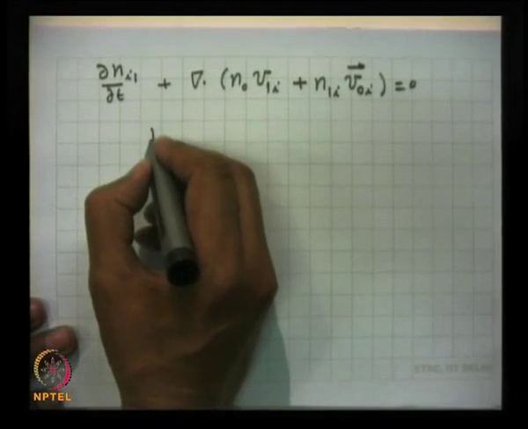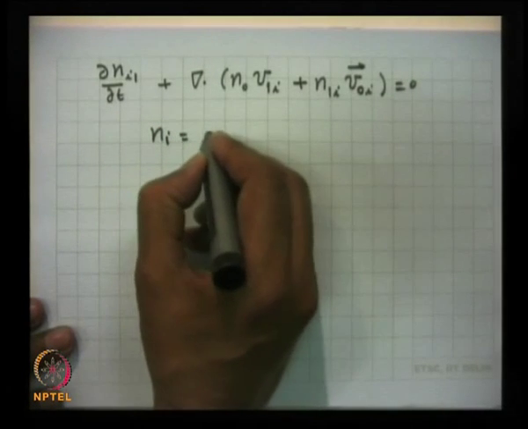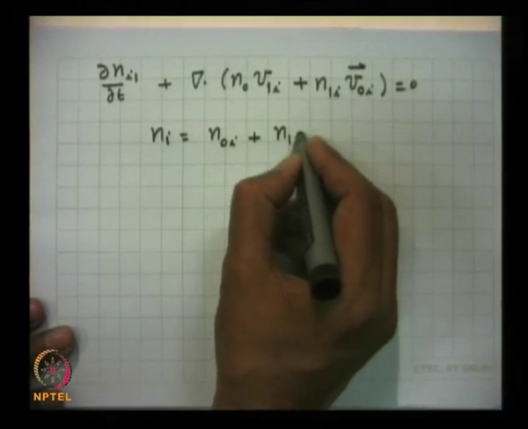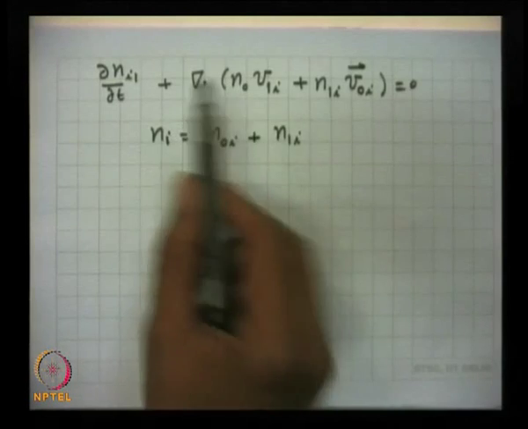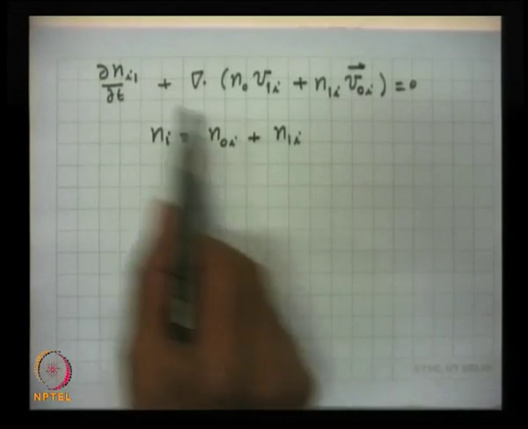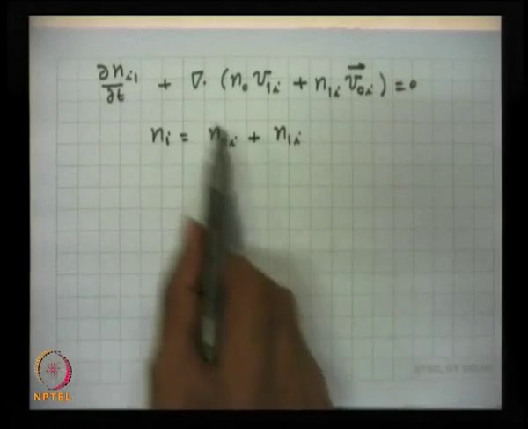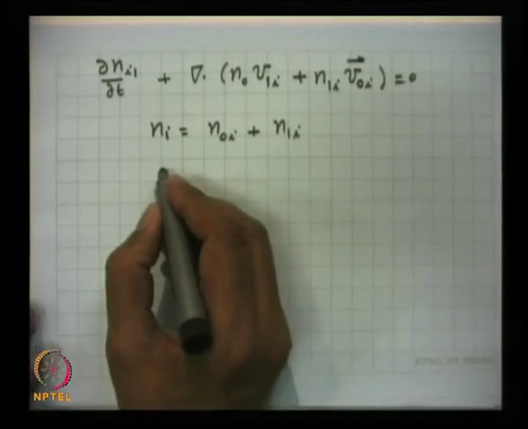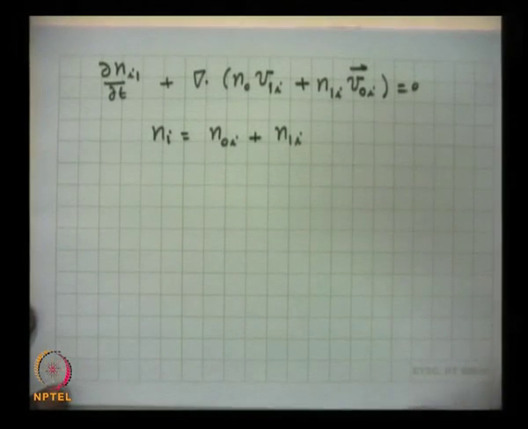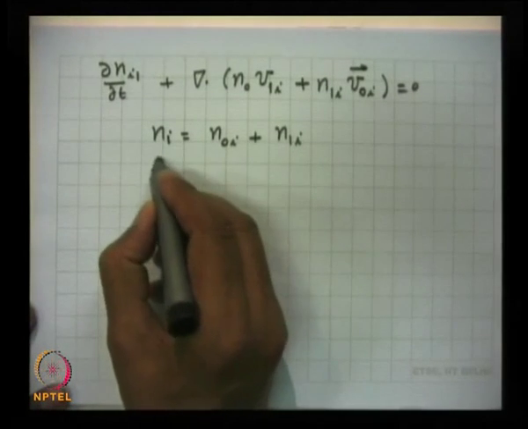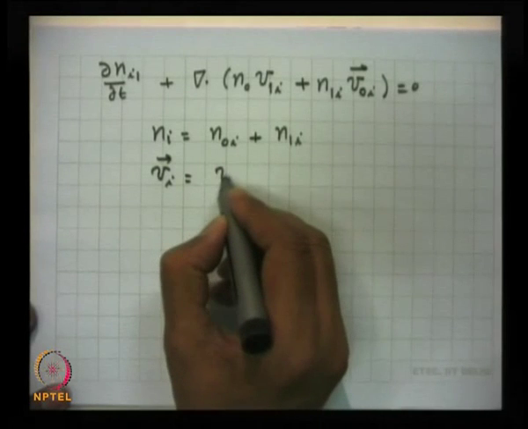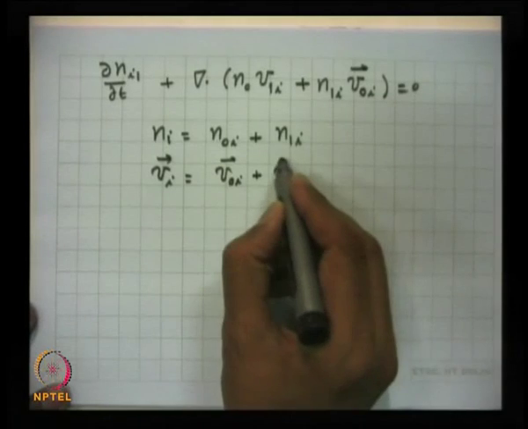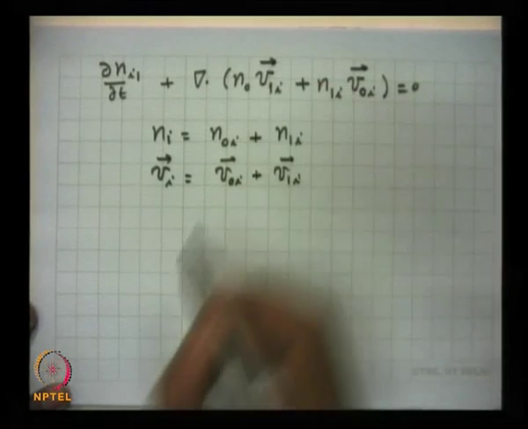What I have done here is actually Ni I have written as N0I plus N1I or Ni1, whatever you call. So, when I substitute this in the equation of continuity, delta N0 by delta t is 0. So, this is the only term that survives, and because I have already written the velocity of the ions as V0 of ions plus V1 of ions, you get two terms here.